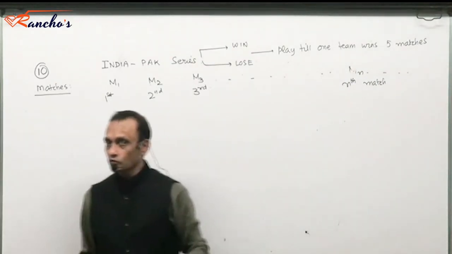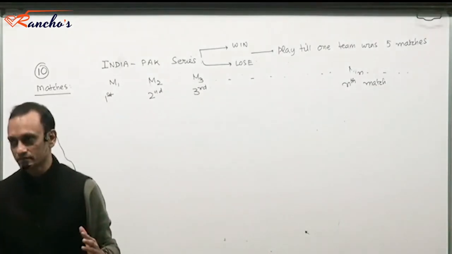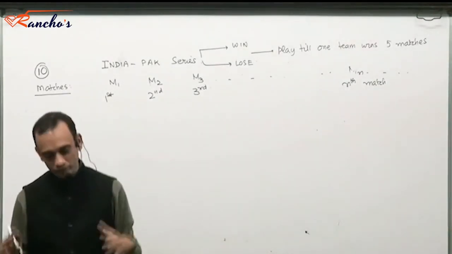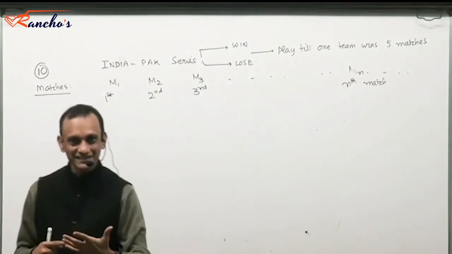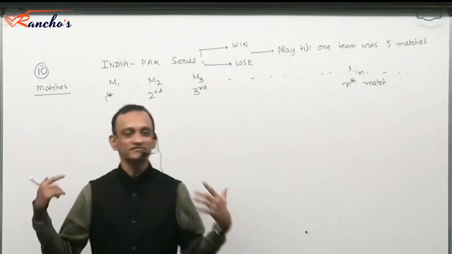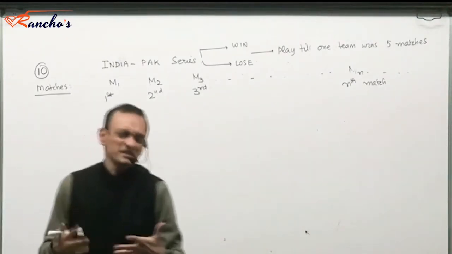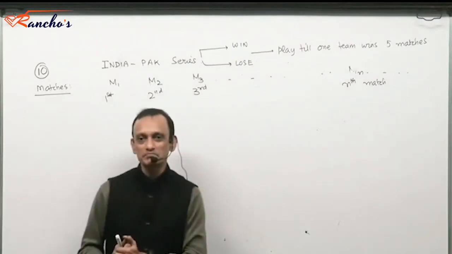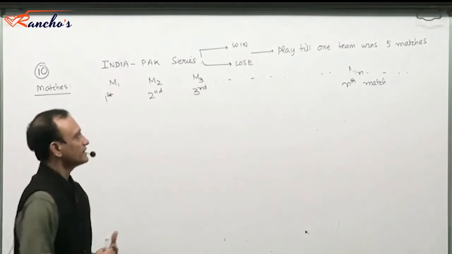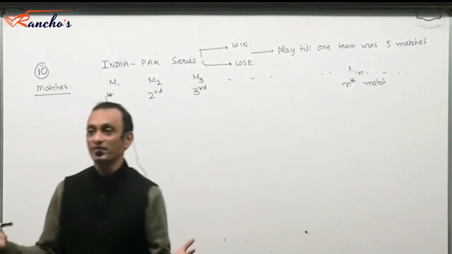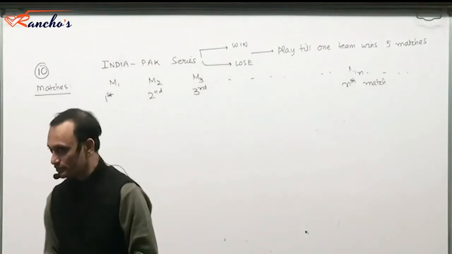The question is, in how many ways can this all happen? Realistically, only one way: India winning the first 5, finish. Pakistan back home. But theoretically, give them some benefit of doubt. In how many ways can a team win 5 matches and the series be over?